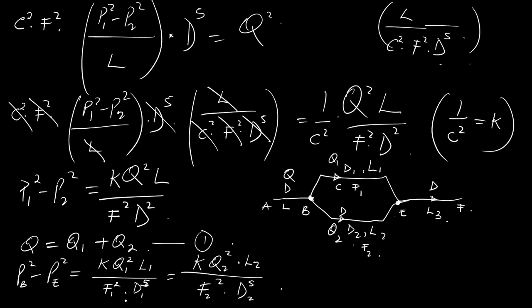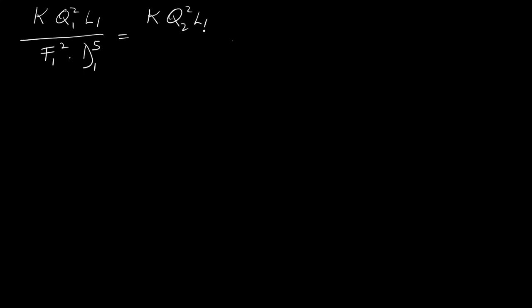So now let's work with this equation. We have K Q1 square L1 all over F1 square D1 raised to the power 5 is equal to K Q2 square L2 divided by F2 square times D2 raised to the power 5.